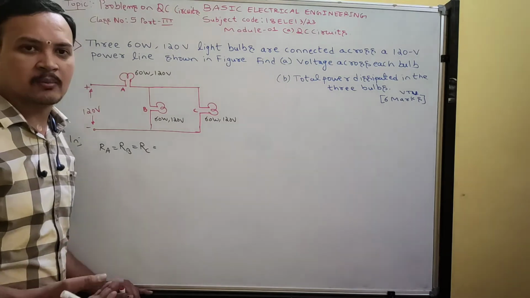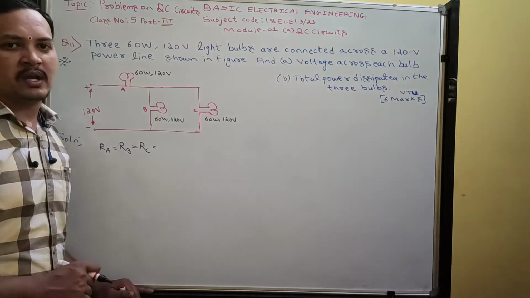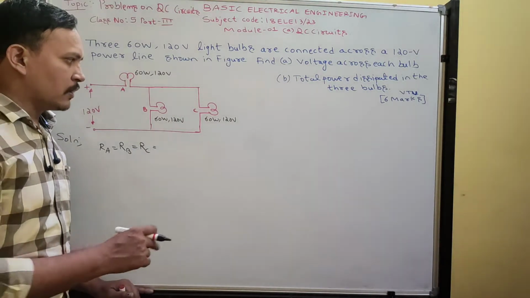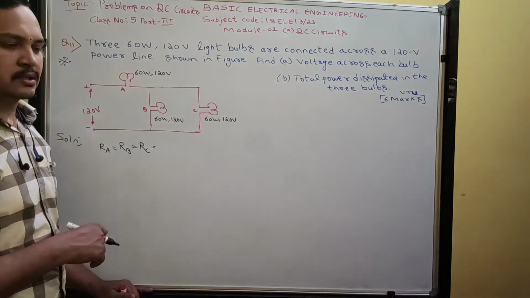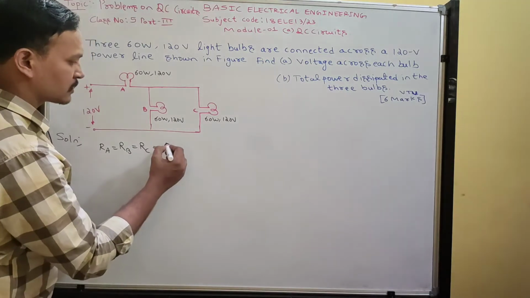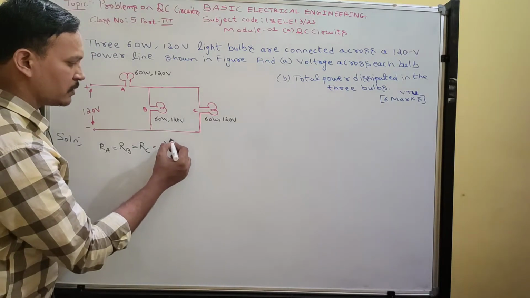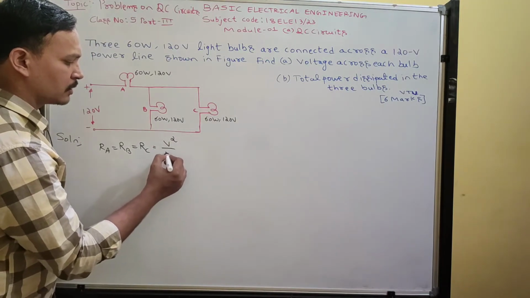We have the power formula, power is equal to V square by R. Now power is given, voltage is given, so calculate resistance. Resistance can be calculated using the formula V square divided by power.